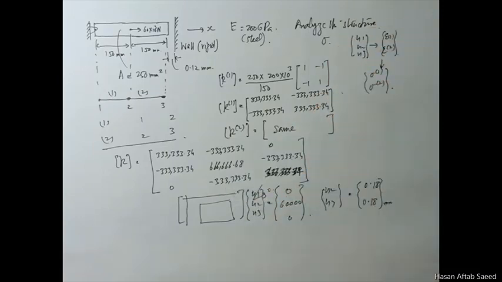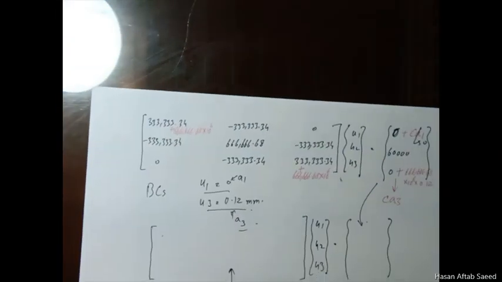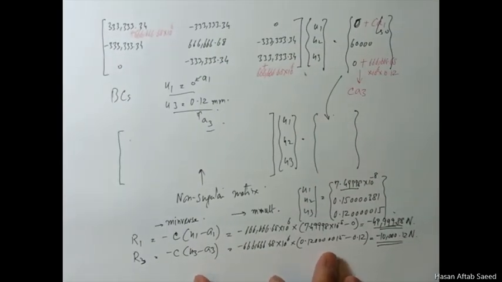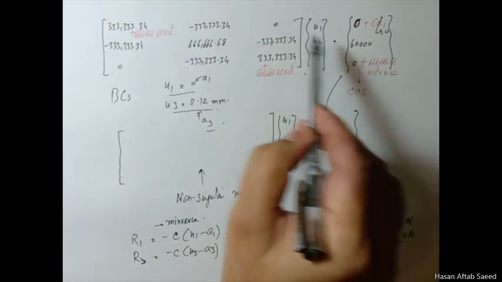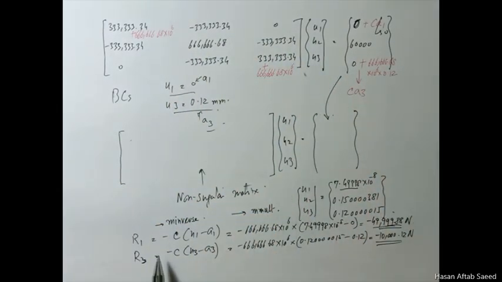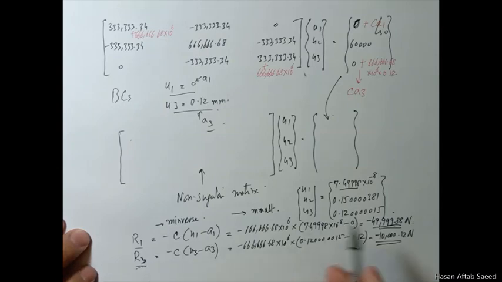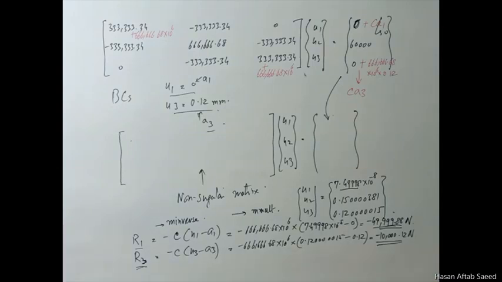You're so familiar with that you can do it. Here our purpose was to see how we apply the penalty method for application of boundary conditions, how simple it was as compared to the other methods, and how simple it is to calculate the reaction forces should we require them. In most cases we don't require them, but if we do, there's nothing difficult about that either. Thank you very much.